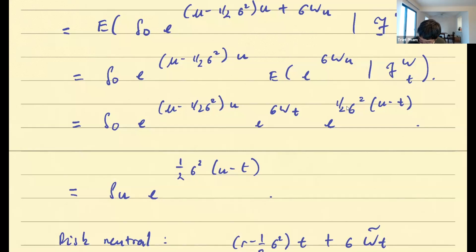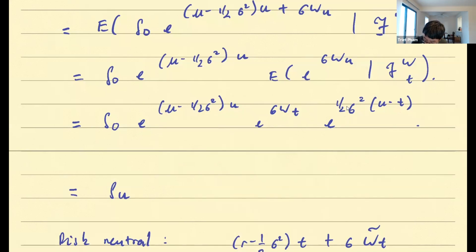Hold on. But then, okay, so I'll do this. This cancels with this, then you get e to the 1/2 sigma square t, and then sigma WT, but you still have mu u here.